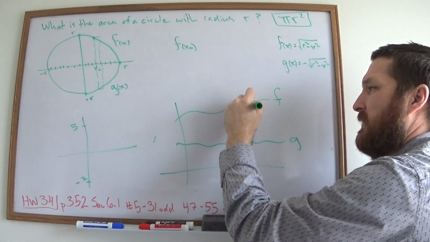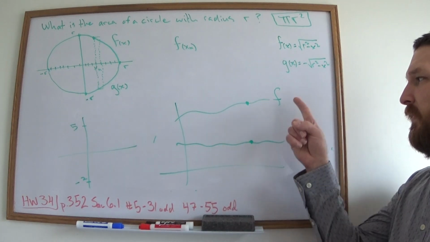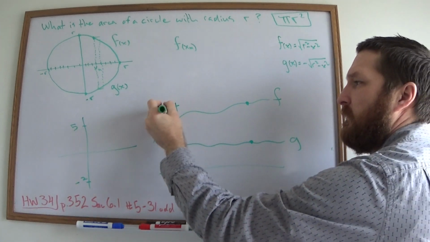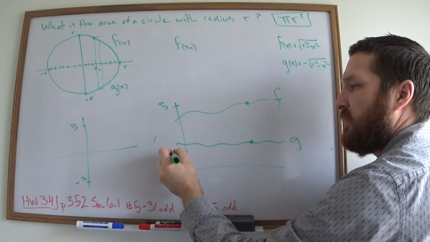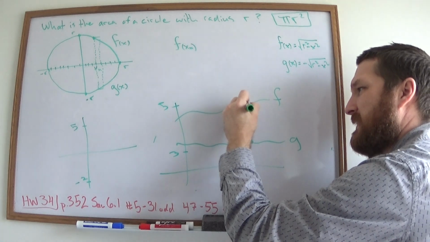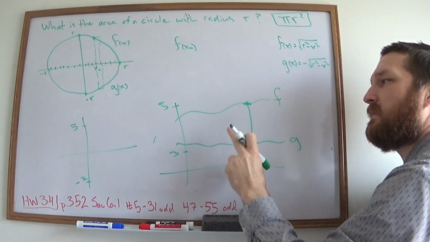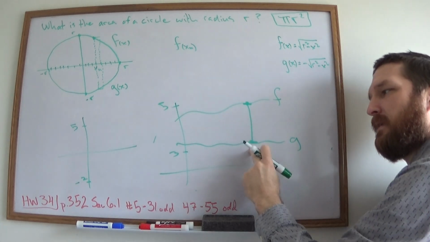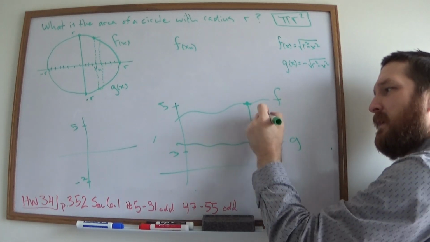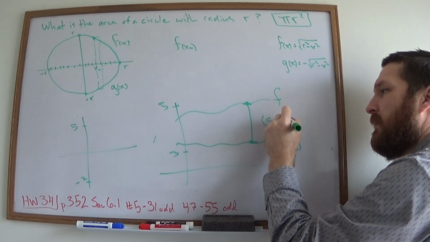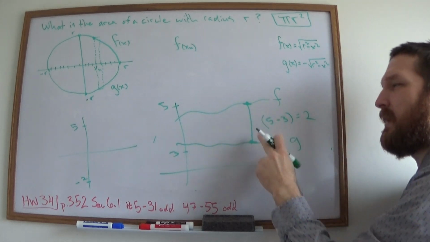In every case, as long as you have the big function on top and the little function on the bottom, then the distance from here to here is always given by the top number minus the bottom number, right? It's always top minus bottom, and you get your actual height, which is 2.